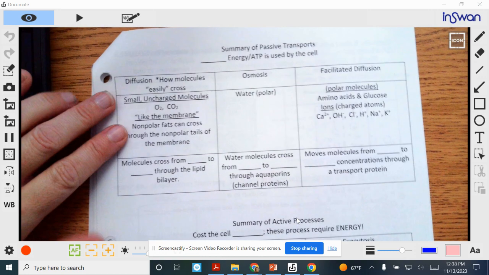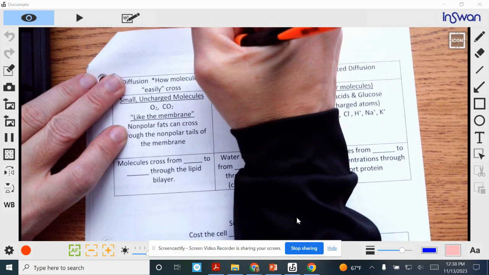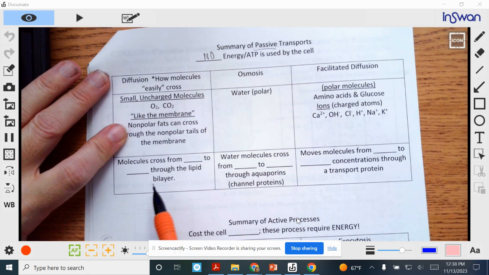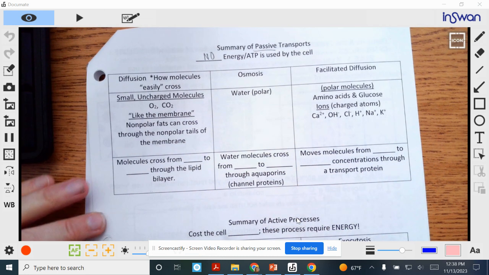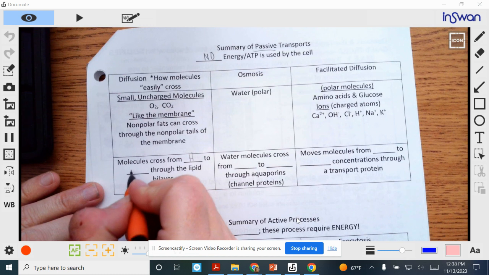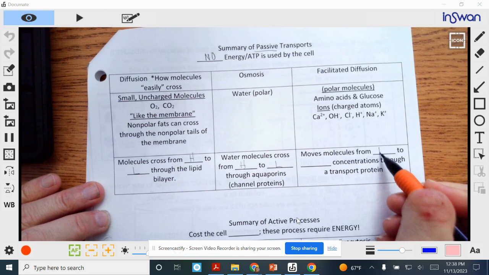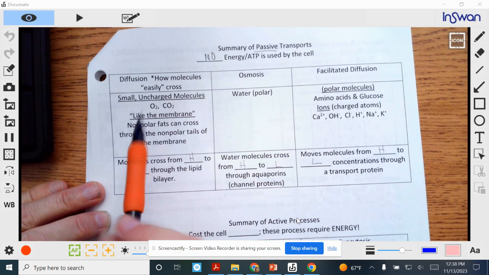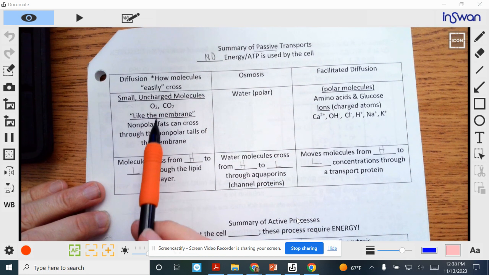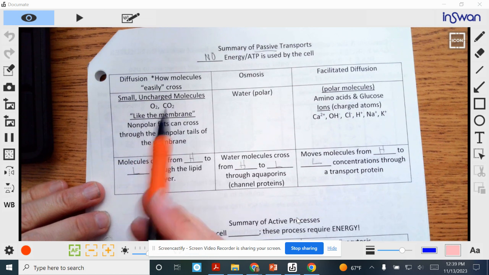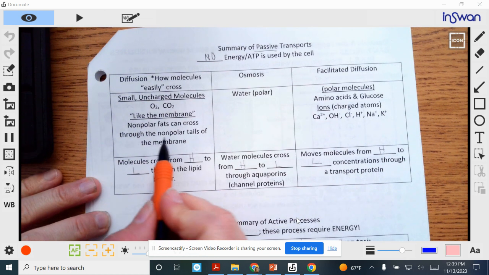So we talked about that in passive processes, no energy is going to be used by the cell. In each diffusion, osmosis, and facilitated diffusion, we're moving molecules from high to low, high to low, high to low. If you are a small uncharged molecule like oxygen and CO2, or if you can get through those nonpolar tails.